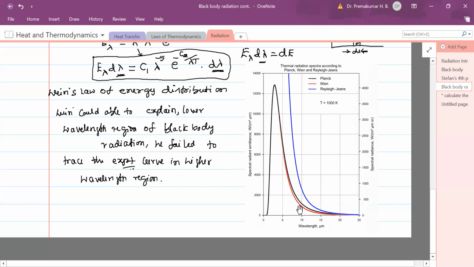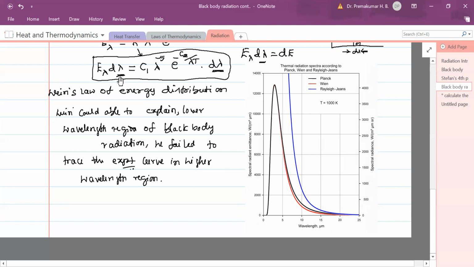The red one is the trace you get using this equation. Maybe you can try it out in MATLAB with the constants C1 and C2. I'll tell you what the constants are; in the future we will derive this equation back from Planck's equation.